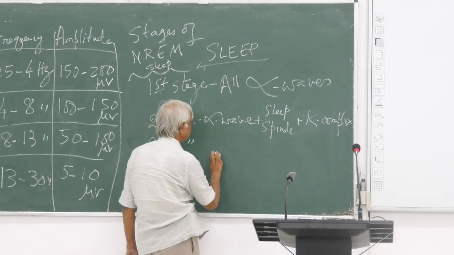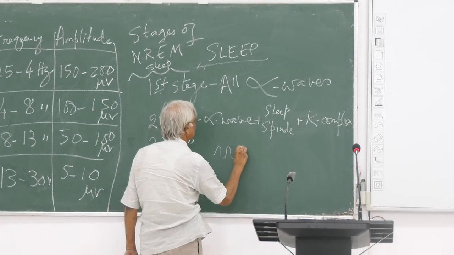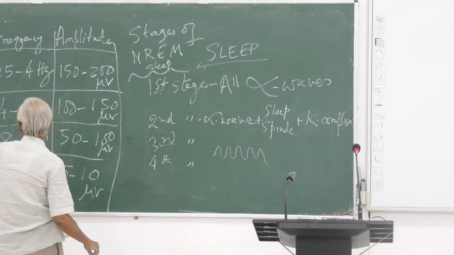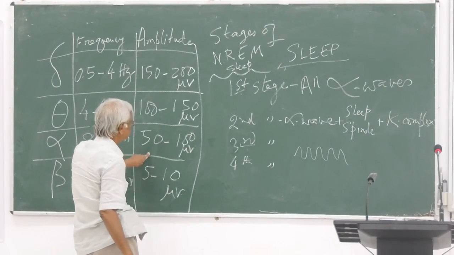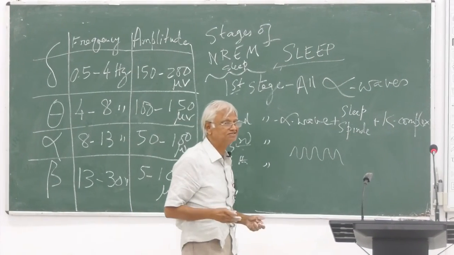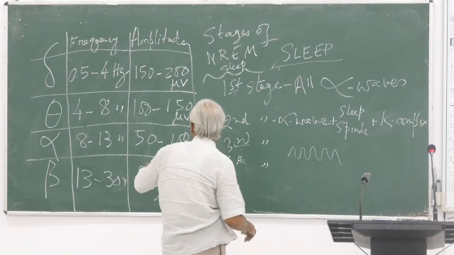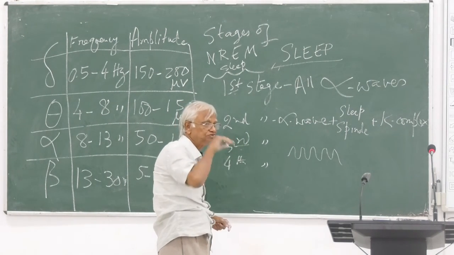So this is alpha wave: 8 to 13 is the frequency in hertz and 50 to 100 is the amplitude in microvolts.